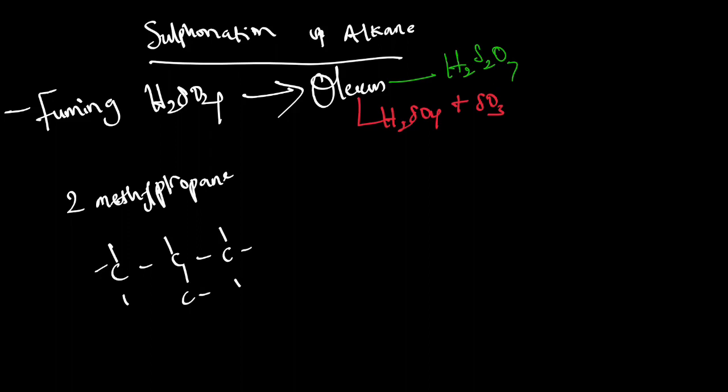So it's still the same thing. Let me restructure this so you'll be able to understand it well. So we have CH, CH3, CH3, CH3. So they are basically the same thing.